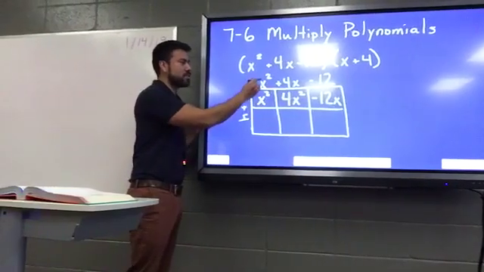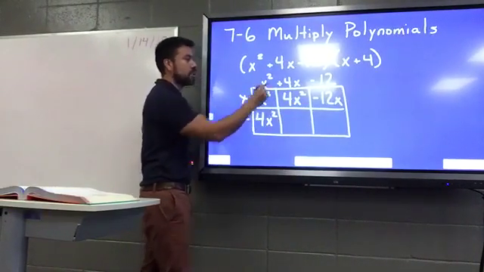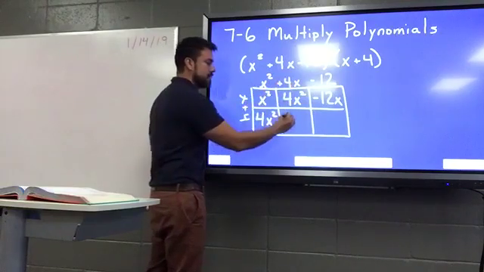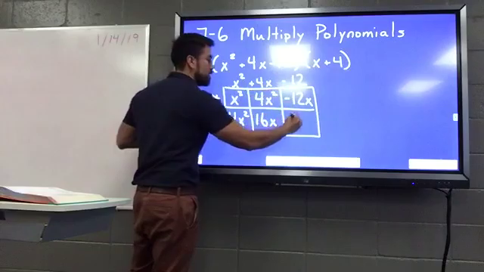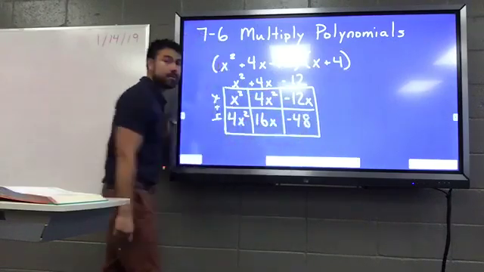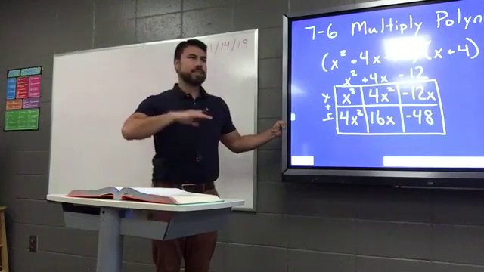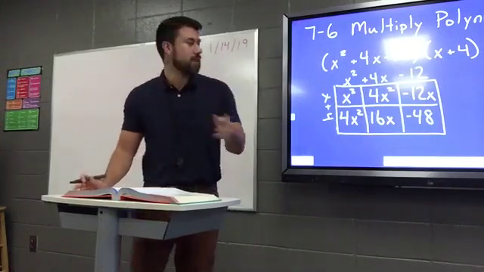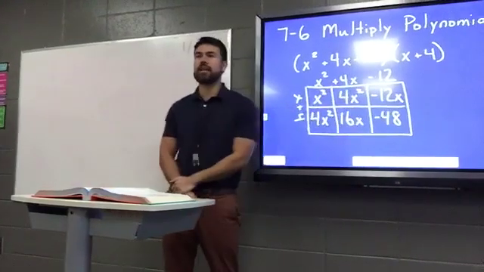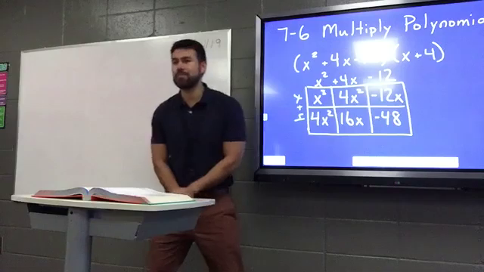What's 4 times x squared? 4x squared. What's 4 times 4x? 16x. And what's 4 times negative 12? Did you guys notice there was a lot of multiplying? I did. Okay, and in 7th grade, even before that, remember you had to learn multiplication tables? Because if I'm looking at 4 times 12, I'm thinking 48.